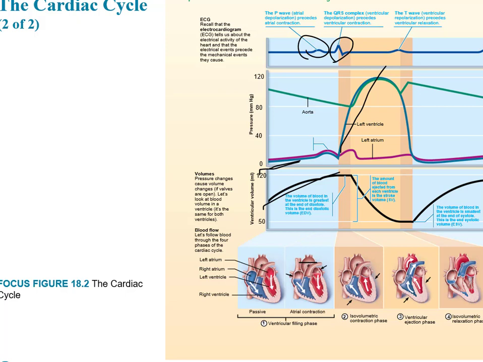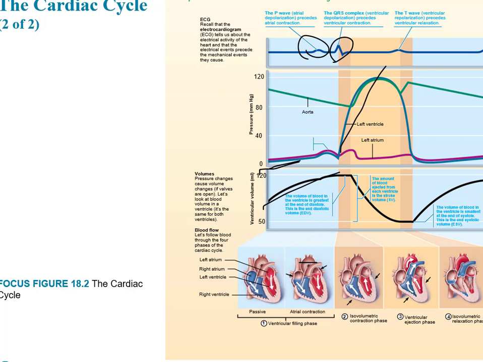And then, followed by the isovolumetric contraction phase, is your ventricular ejection phase. The pressure starts to build up and then the ventricles start to contract. So the end of the QRS complex is where you see your ventricular ejection phase, causing the muscles of the ventricles to contract and push the blood into either your pulmonary trunk from the right side or the aorta from the left side. That'll be your ventricular ejection phase, causing the blood to push up into the arteries.